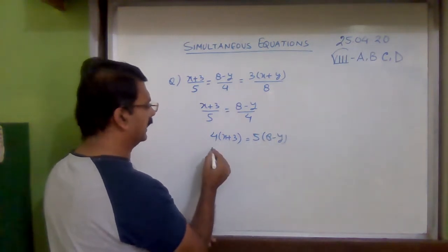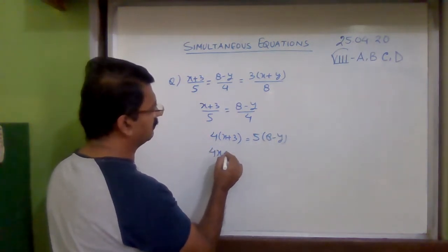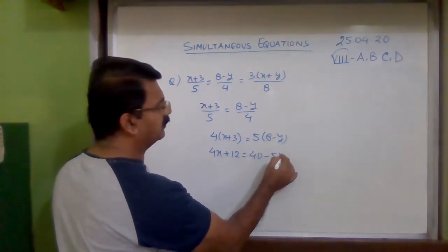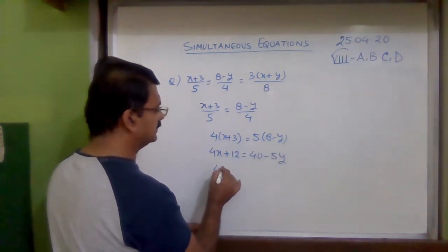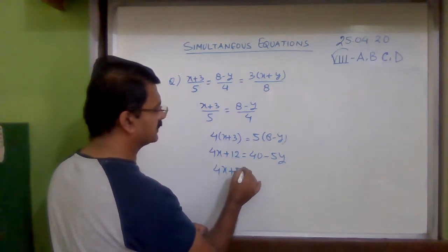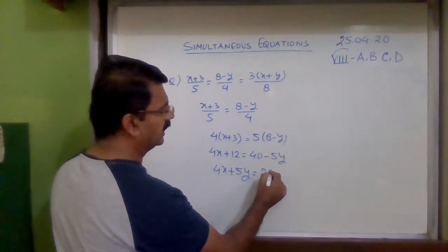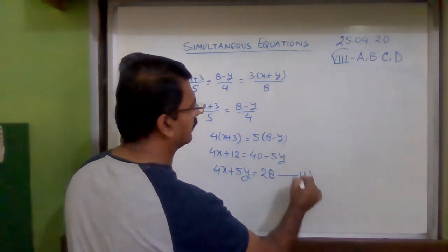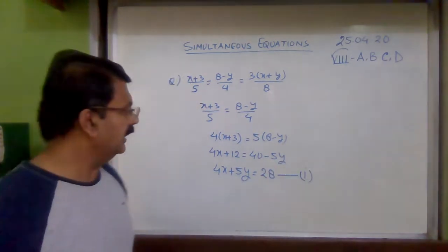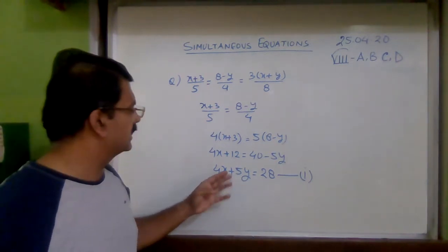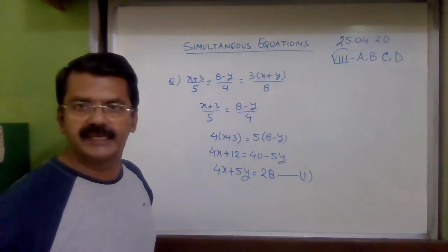Open the bracket: 4x plus 12 is equal to 40 minus 5y, or 4x plus 5y is equal to 40 minus 12, which is 28. This becomes equation number 1: 4x plus 5y is equal to 28.